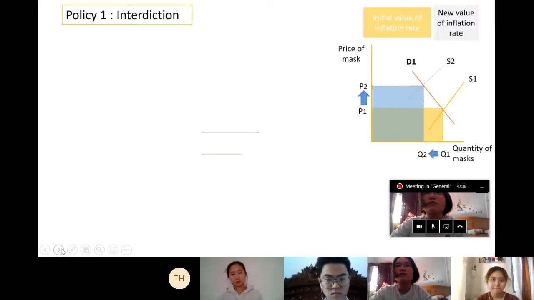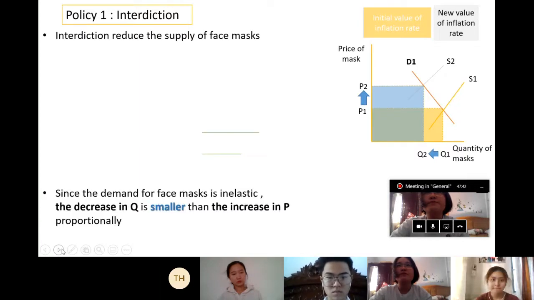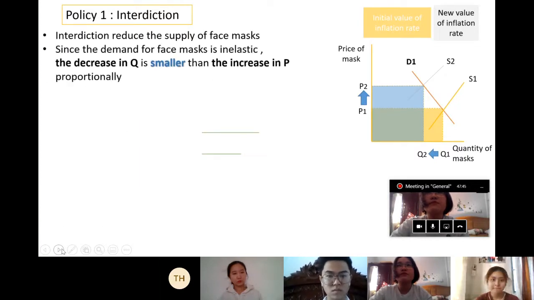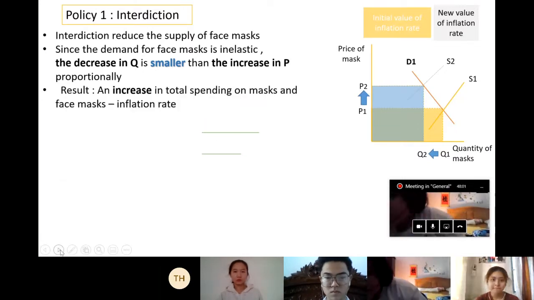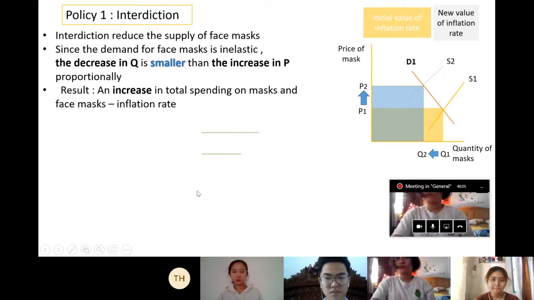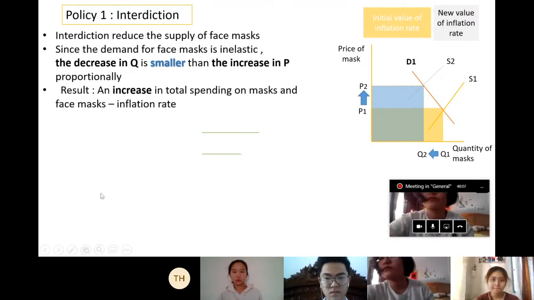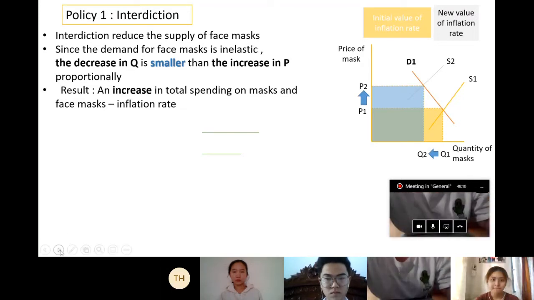So policy 1, interdiction. Interdiction reduces the supply of face masks, and since the demand for face masks is inelastic, the decrease in quantity is much smaller than the increase in price. As you can see in the graph on the right side, I have demonstrated this for you. So the result is an increase in total spending on masks and the face mask inflation rate, which means the inflation rate isn't decreased.